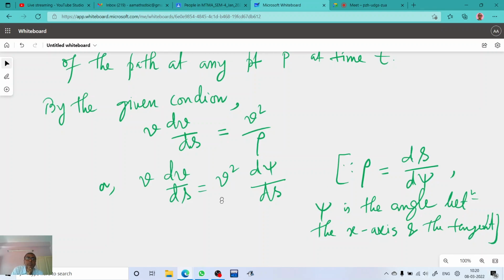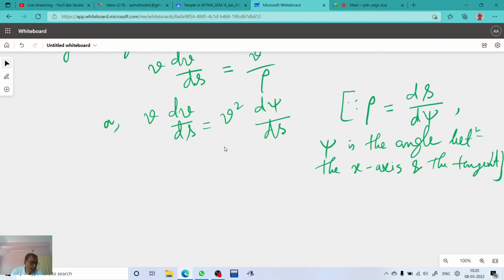So from this we get v dv equals v square d psi, and cancelling v from both sides we get dv by v equals d psi.